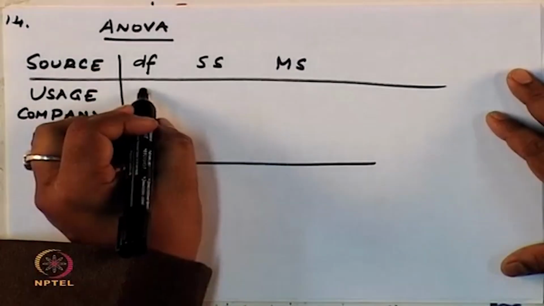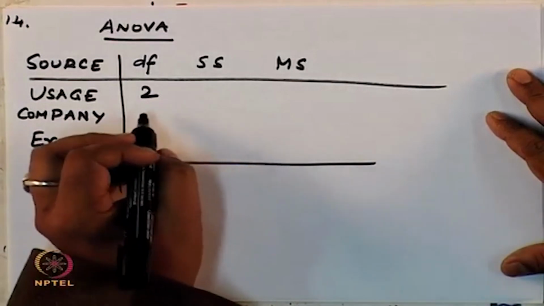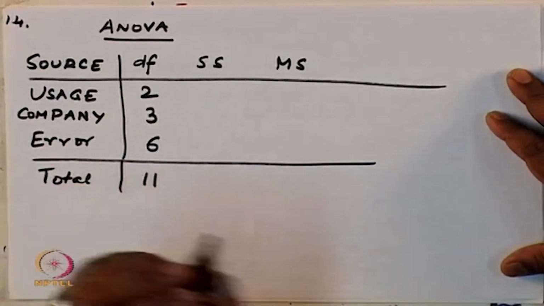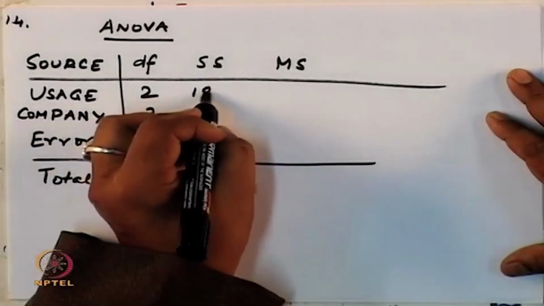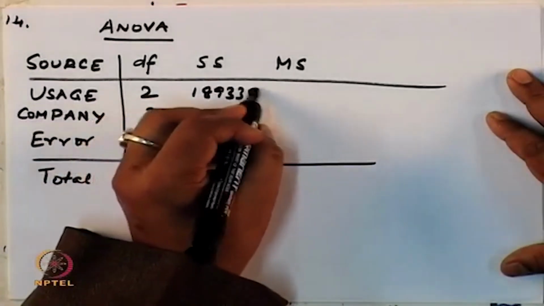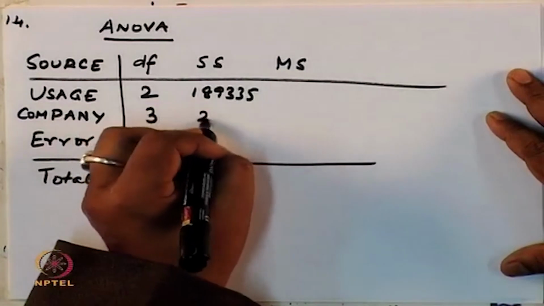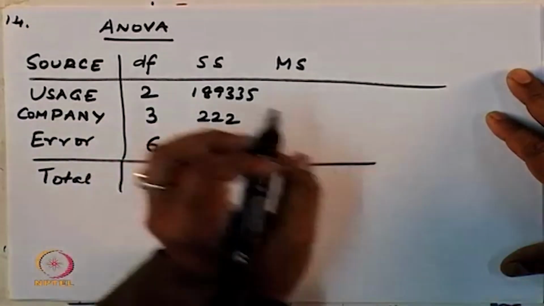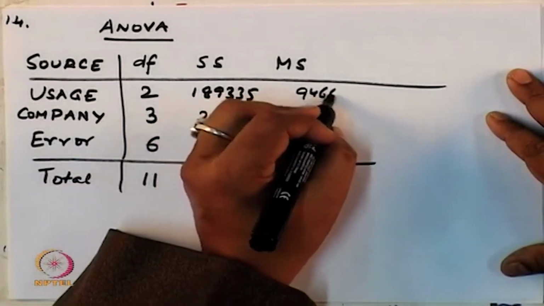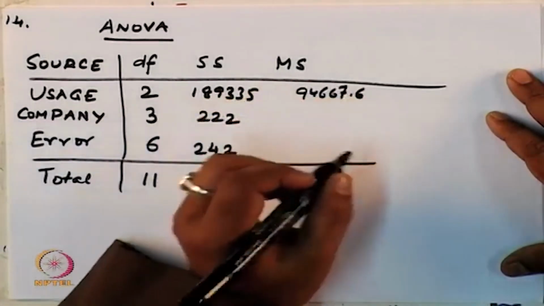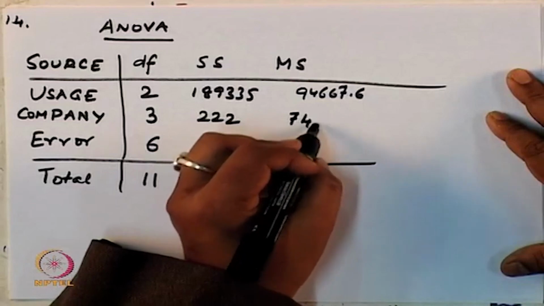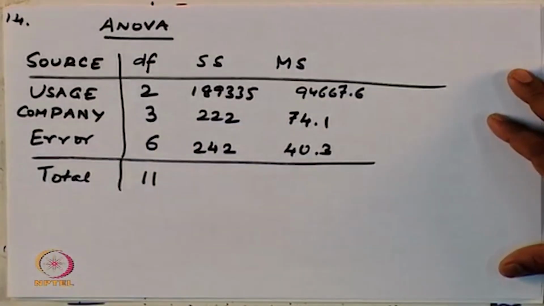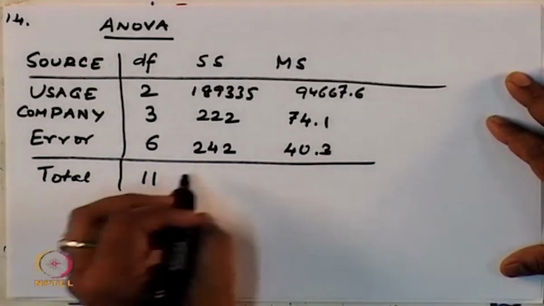This is 2, this is 3, this is 6, this is 11. So, I can calculate the values. 5. And this is error.